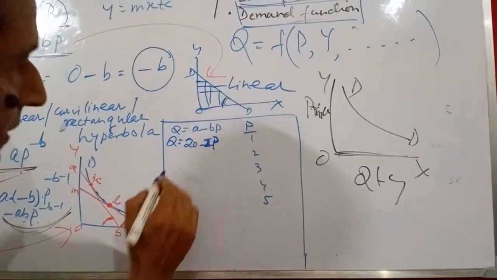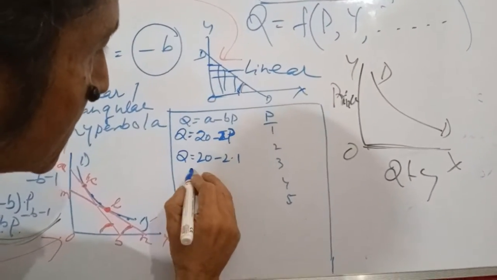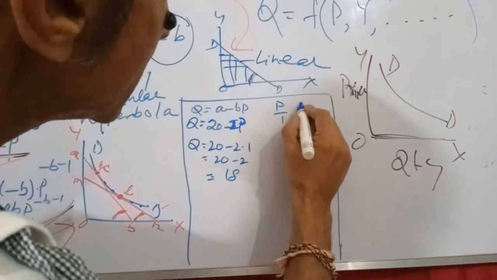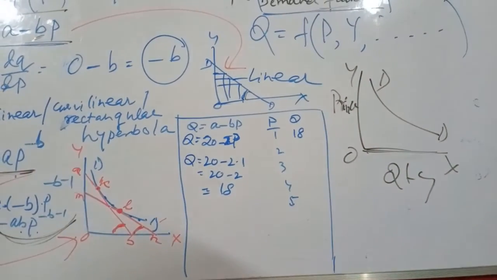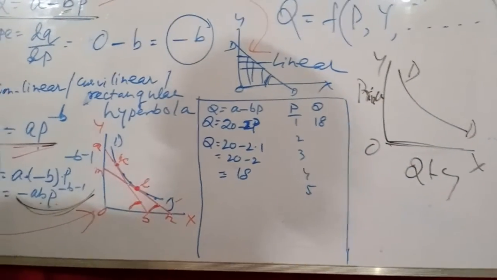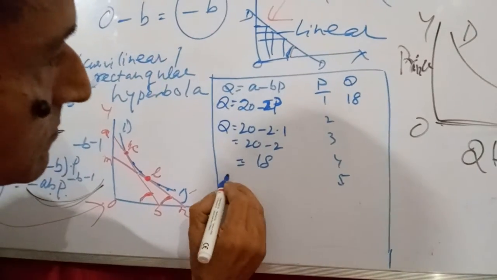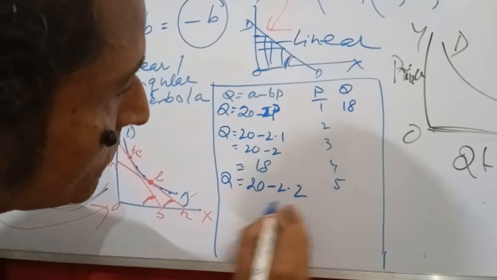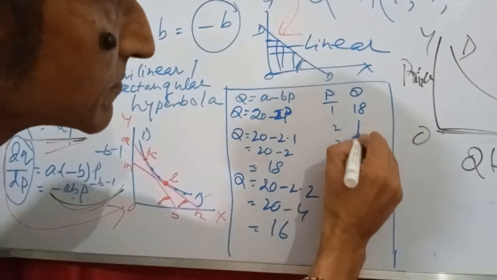Now when P is 1, Q equals 20 minus 2 into 1, that is 20 minus 2 equals 18. So we get Q equals 18. When P equals 2, price is increasing from 1 to 2. Q equals 20 minus 2 into 2, that is 20 minus 4, that is 16.